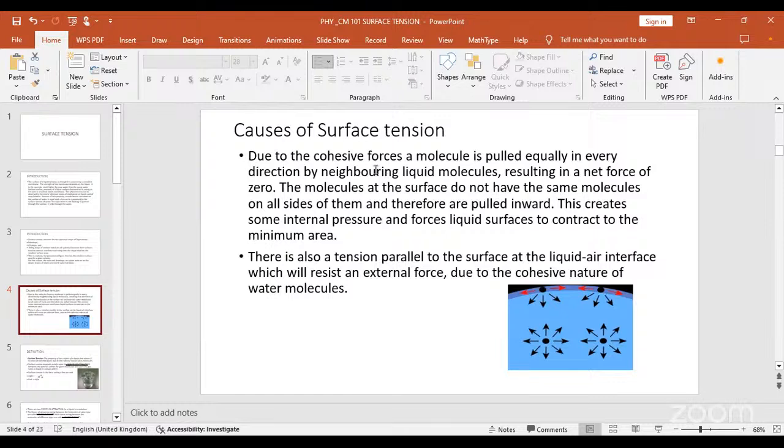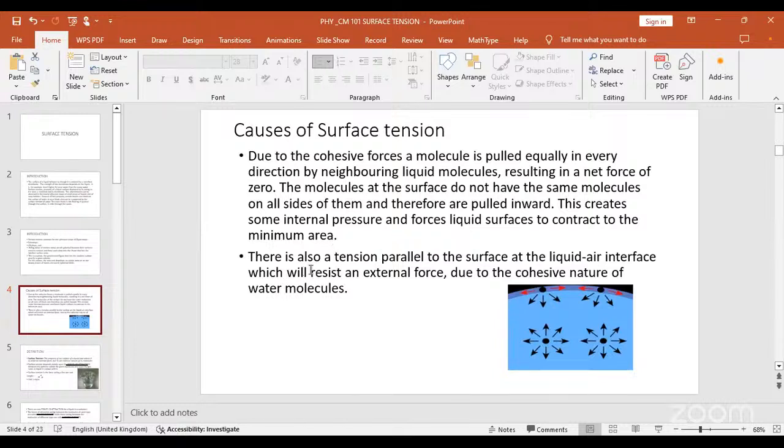I'll read this out. Due to the cohesive forces, a molecule is pulled equally in every direction by neighboring liquid molecules, resulting in a net force of zero. The molecules at the surface do not have the same molecules on all sides of them, and therefore are pulled inward. This creates some internal pressure and forces liquid surfaces to contract to the minimum area.